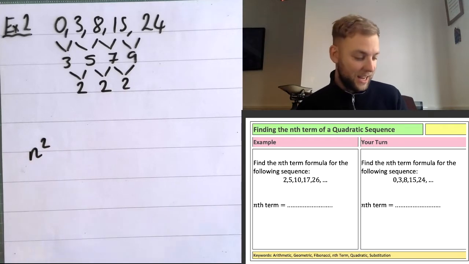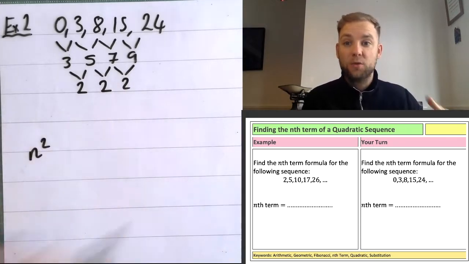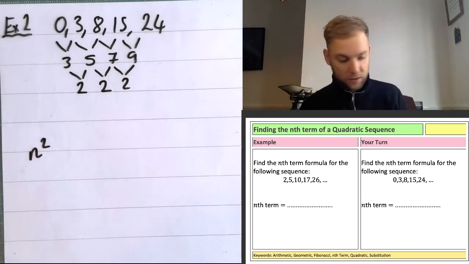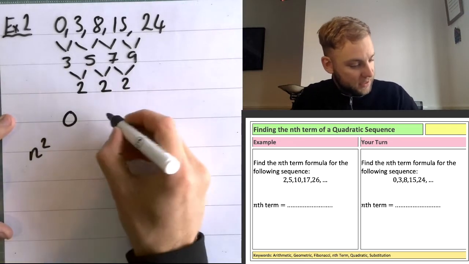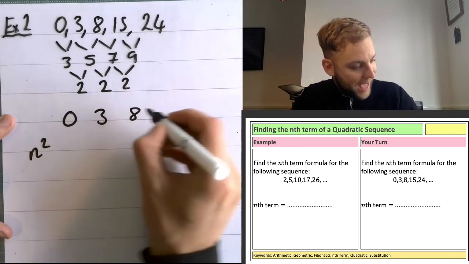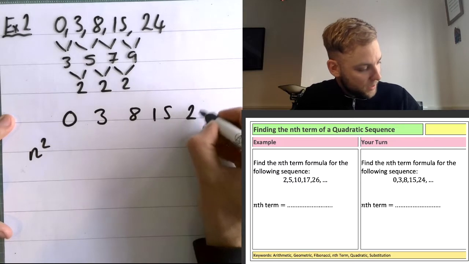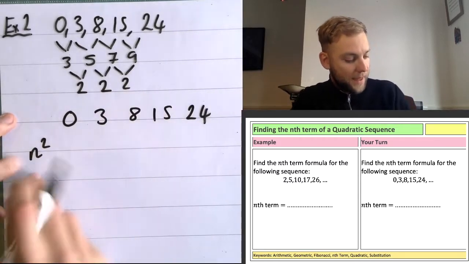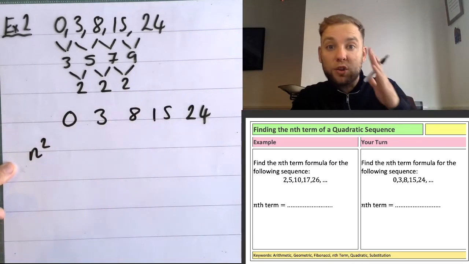The next stage here is to subtract the n squared away from my original sequence. So I write my original sequence down, which is 0, 3, 8, 15 and 24. And then I work out what the sequence would have been just for n squared.